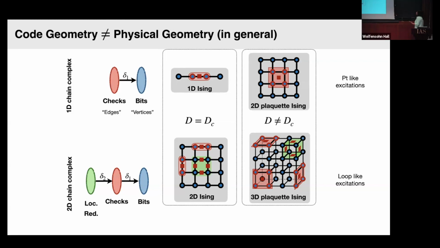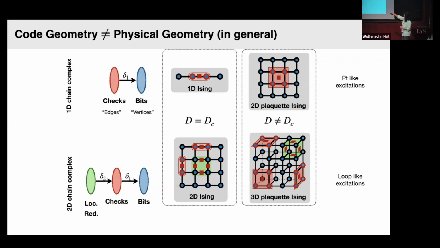But now a model that's been studied a lot in fractons is this 2D plaquette Ising model. That lives on a 2D lattice. The 2D lattice, of course, has bits, edges, and plaquettes, but by choice, you don't put the checks on the edges of this 2D model.